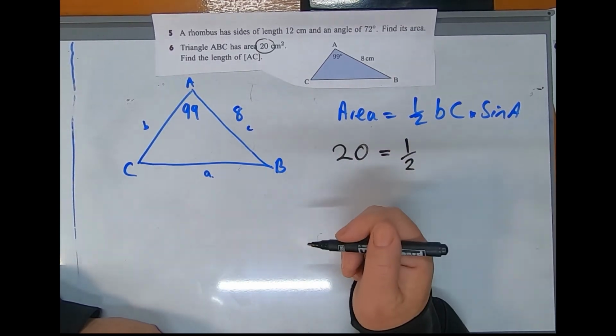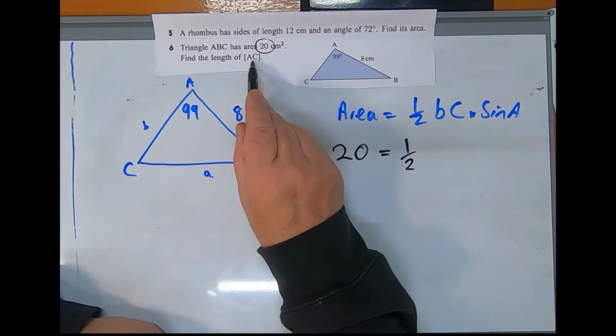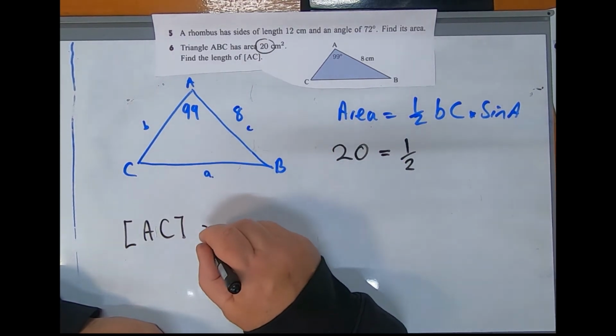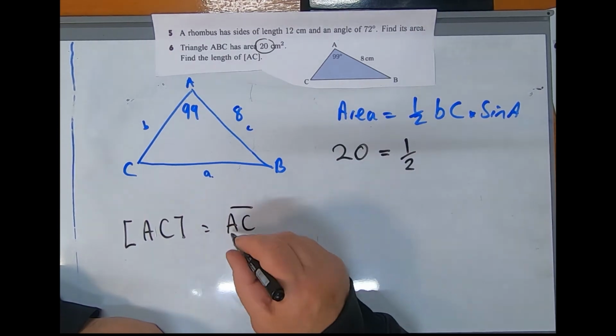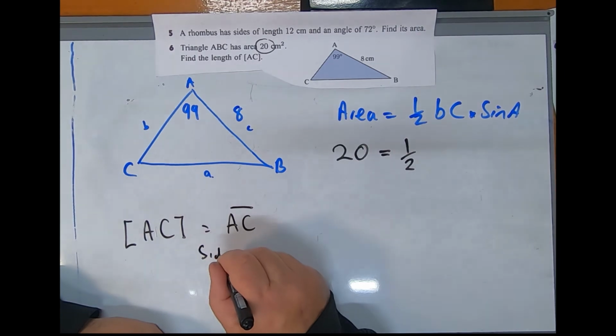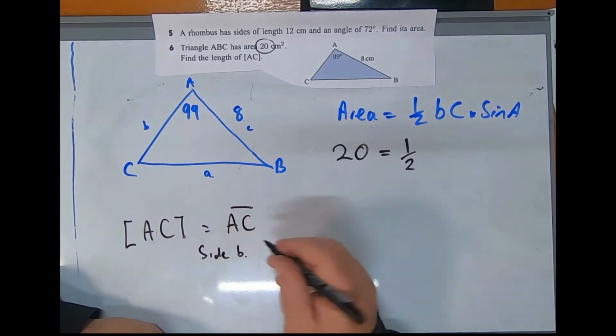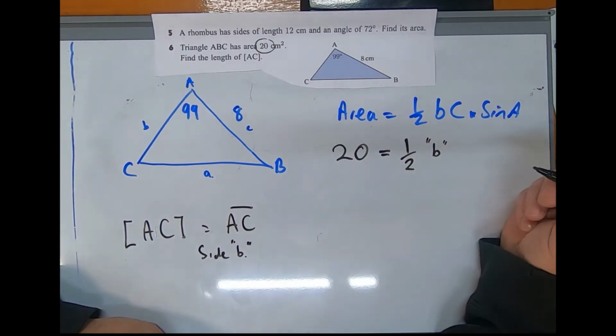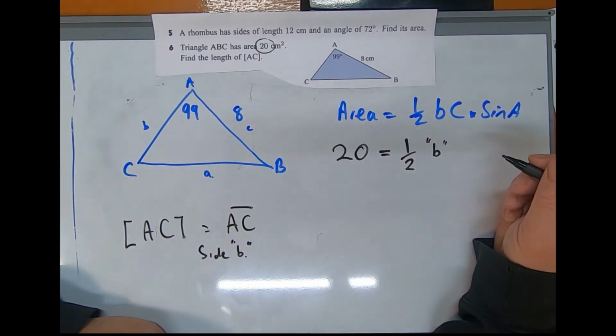So what are we missing here? We're missing side AC. So this is how the book might write it. This is the line from A to C, or, in our lingo, side little b. Side little b is unknown.